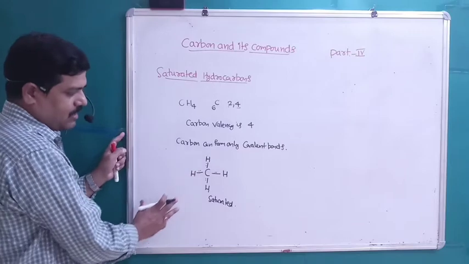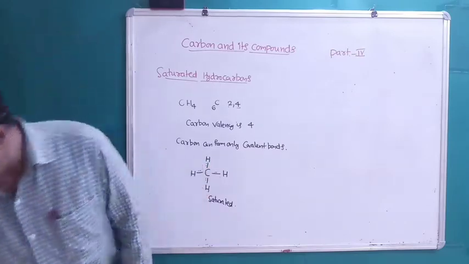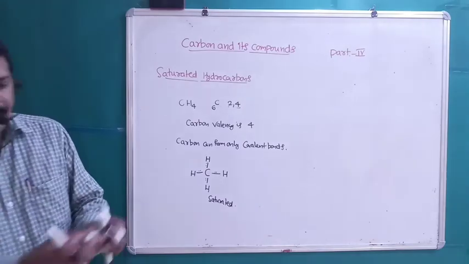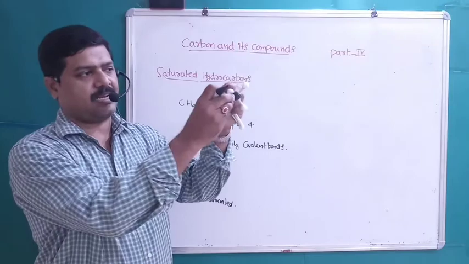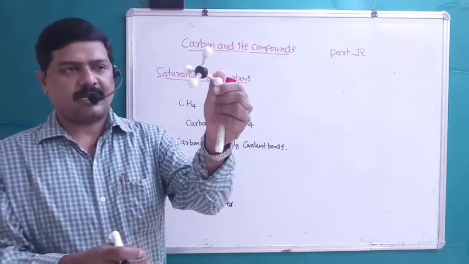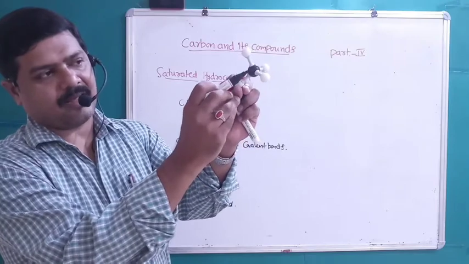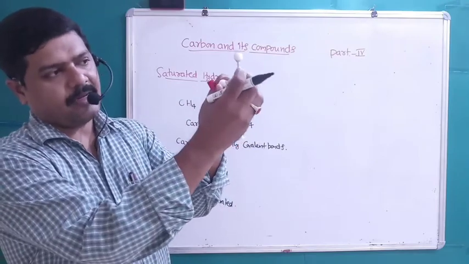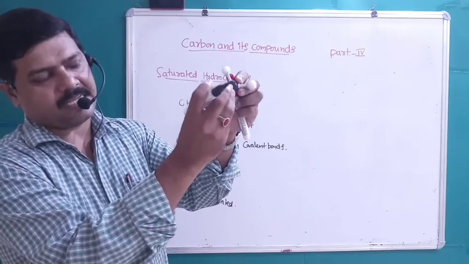Let us take one more example of CH4. I will show you the model of CH4. The carbon has a tetrahedral shape like this. Let us assume this black ball is carbon, and each hydrogen is bonded with the carbon with a single bond.